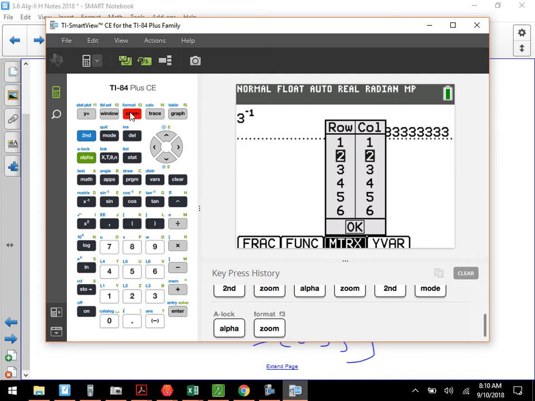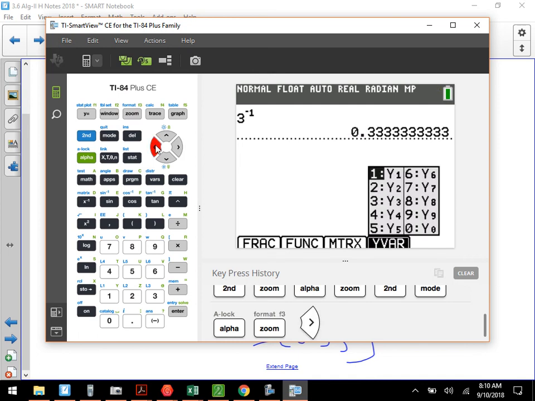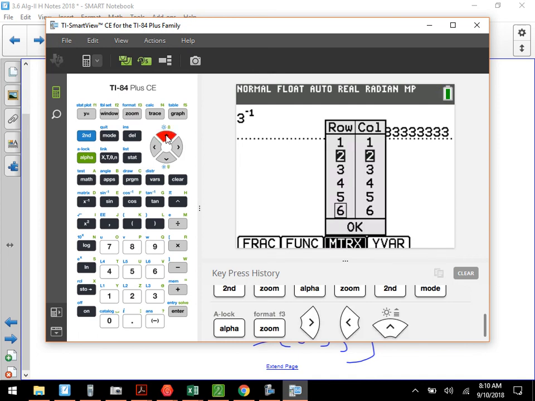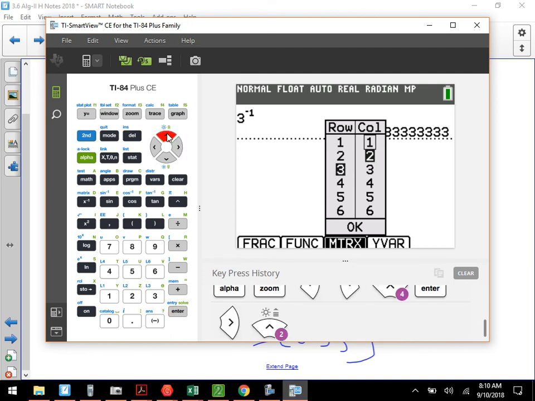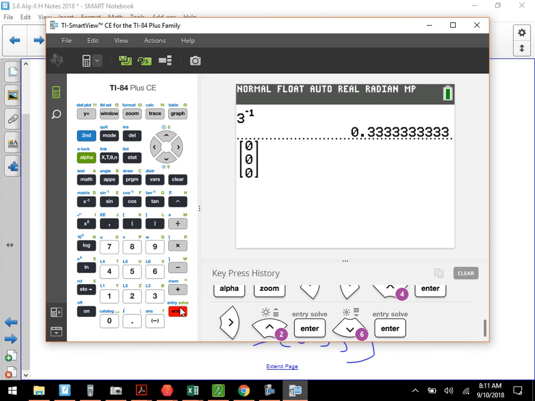And what's nice is that if you screw any of this up, it's going to show you a visual of what it should look like. 3, 1, and then go down and hit OK. Okay, put in the numbers.